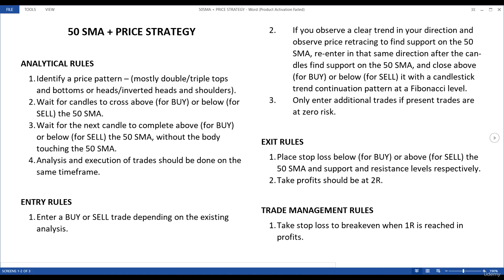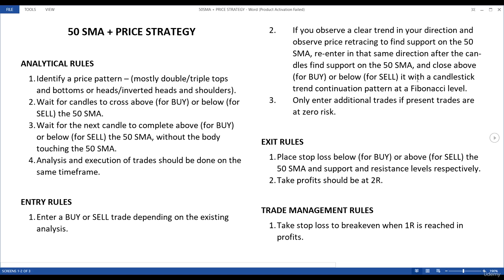And then if you observe a clear trend in your direction and observe price retracing to find support on the 50 simple moving average, you then re-enter in that same direction after the candles find support on the 50 simple moving average and close above for buy or below for sell the 50 simple moving average.